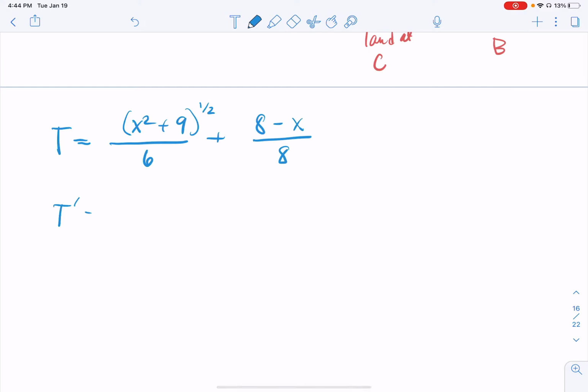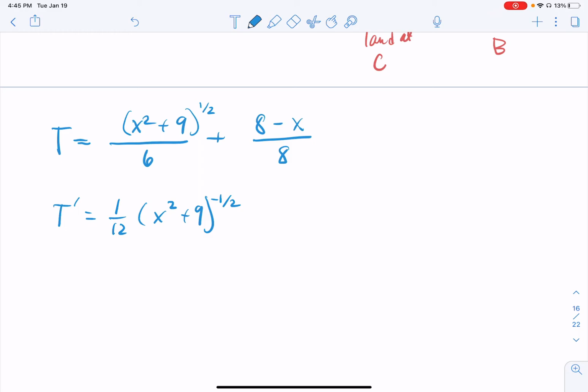T prime is equal to, leapfrog that 1/2 down, and that 1/2 is going to multiply times this 1/6 that's already there. That's actually going to make 1/12 times (x squared plus 9) to the negative 1/2 power. Close those parentheses.